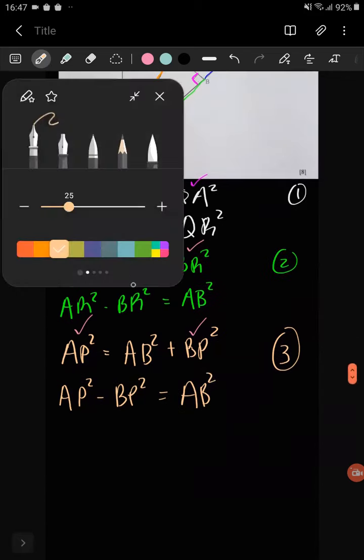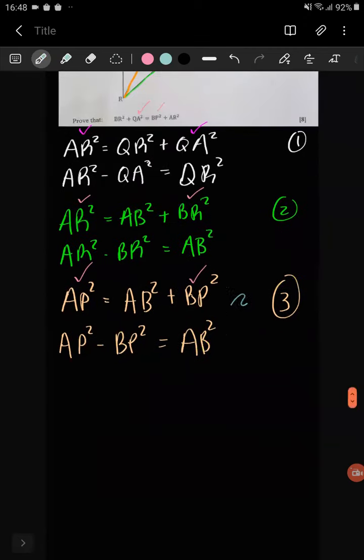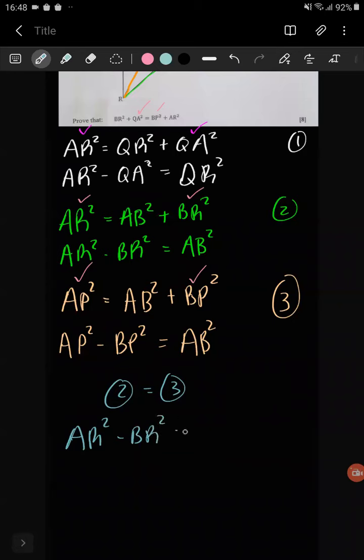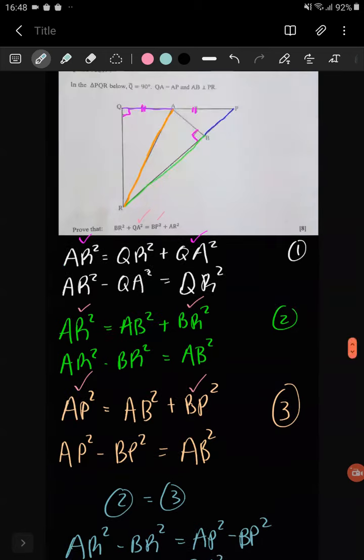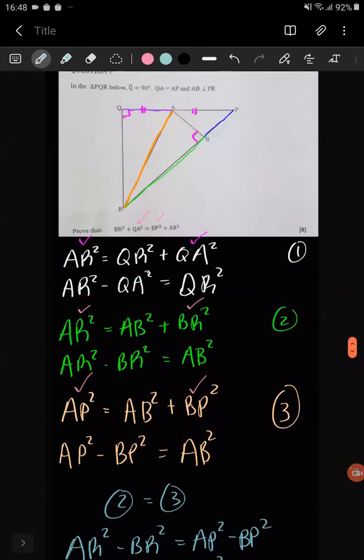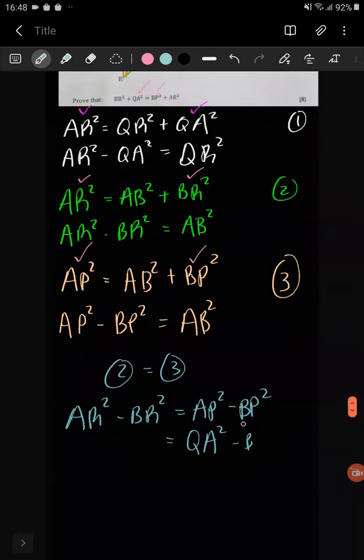So here, equating equation 2 equal to 3, we know that we're going to have AR squared minus BR squared is equal to AP squared minus BP squared. Now, where we see the AP, we can just replace it with QA, because why not, right? This is going to be BP squared. Where is BP? BP is that tiny line there. Oh, there is BP there. Nice. BP squared.